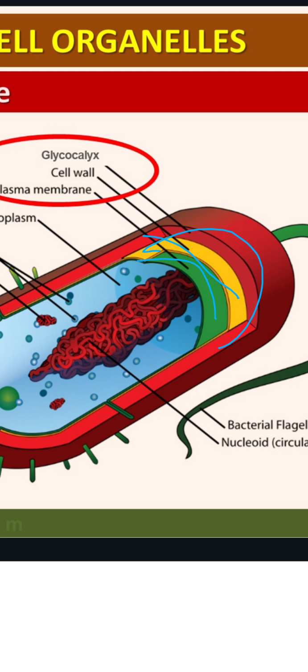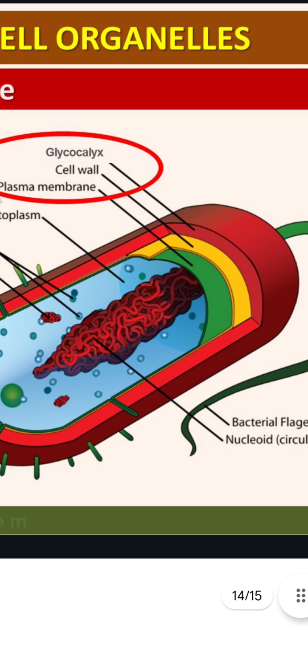The first layer, which is closest to the cell, is called the plasma membrane. Even in eukaryotic cells, you have this plasma membrane. It is common. The next thing you encounter after the plasma membrane is the cell wall.